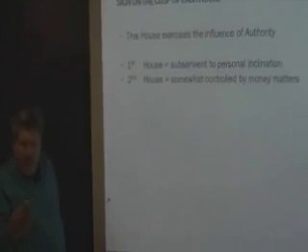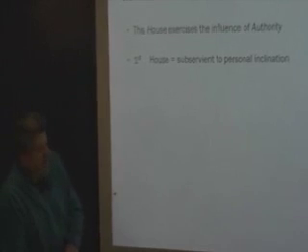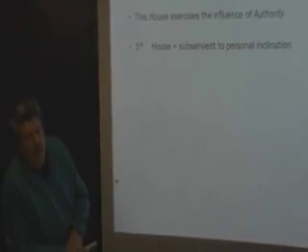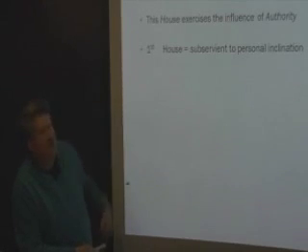But if the ruler of one particular house falls in the first house, let's say you have Mars ruling your 7th house, because you have Aries there, but Mars falls in the first house of your chart, we would say that your relationship matters, which are 7th house, are subservient to your personal inclination.